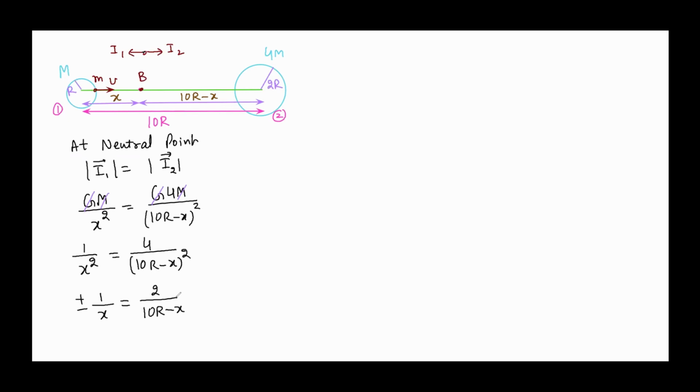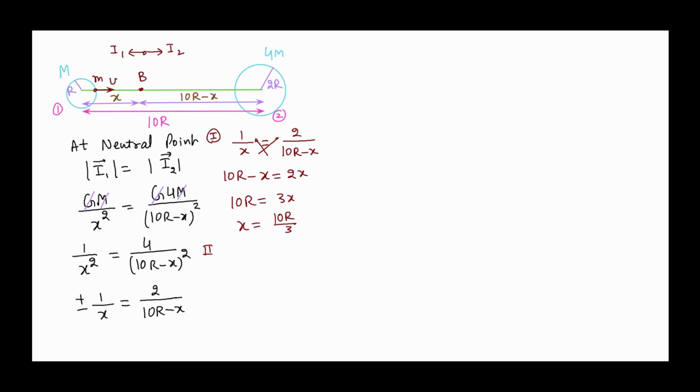10r minus x. Now there are two possibilities. I can take the positive sign. If I take the positive sign, 1 by x is equal to 2 upon 10r minus x. I will cross multiply. 10r minus x is 2x. So 10r is 3x. x is 10r divided by 3.